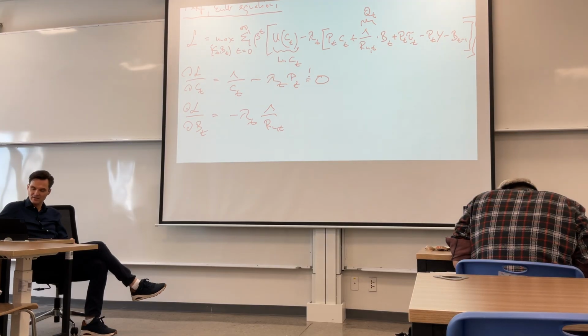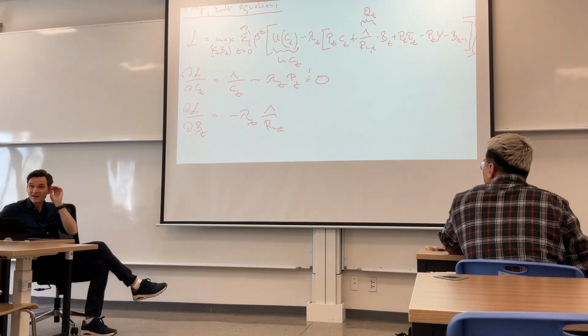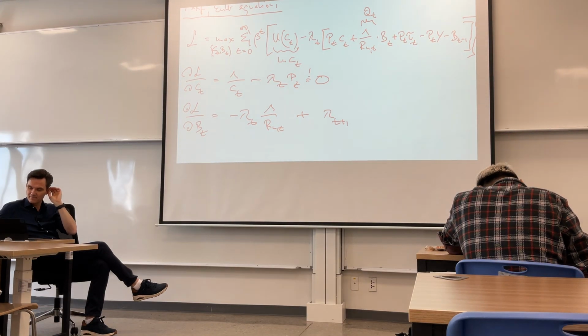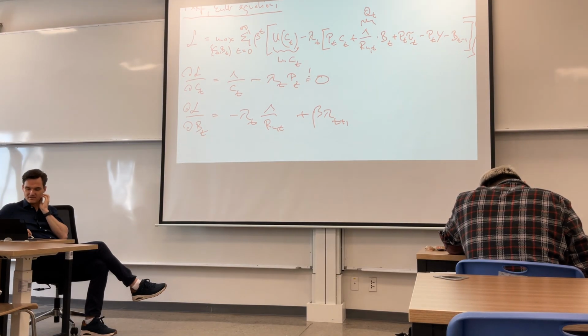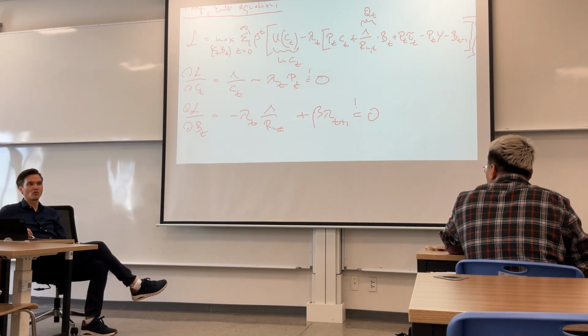Exactly, plus lambda t plus 1, beta. Exactly, right? And then that's equal to 0. There we go. Perfect. So those are all the first order conditions. Very straightforward, right, folks?